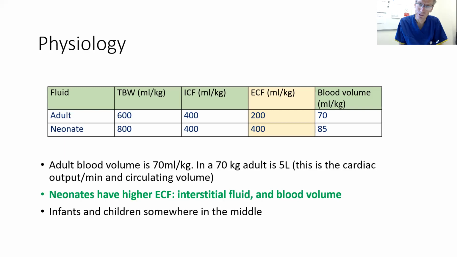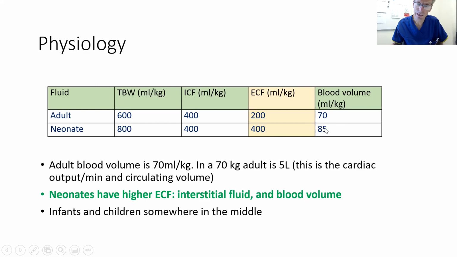And most of the difference is in the extracellular fluid. That is, a neonate in the first week of life has more extracellular fluid. And that's why small babies in the first week of life often lose about 10% of their birth weight in the first week. What they're losing is extracellular fluid.